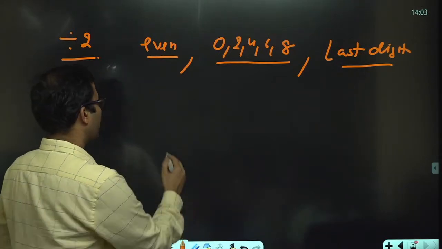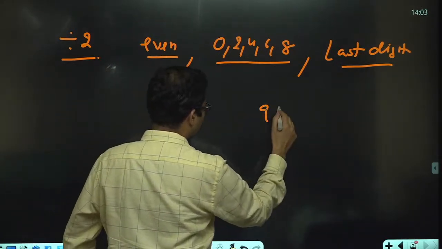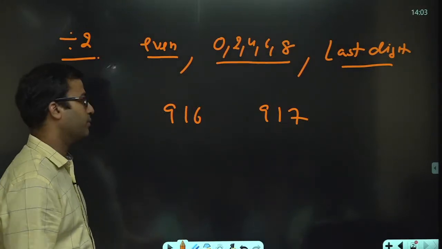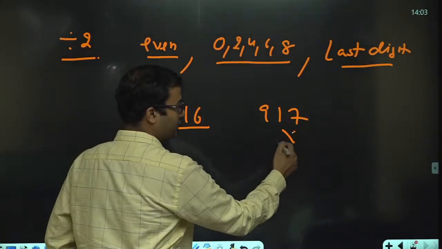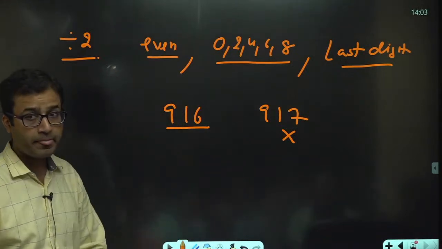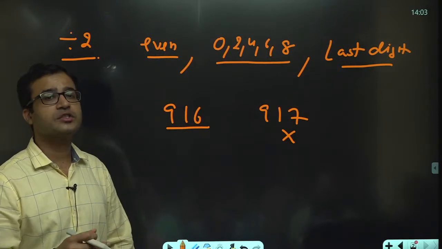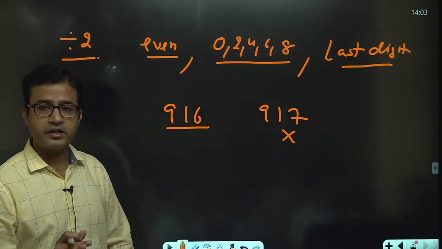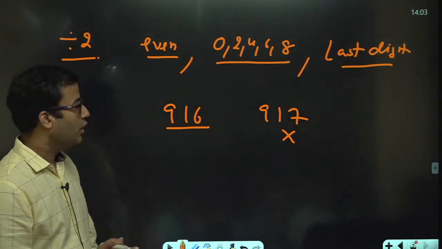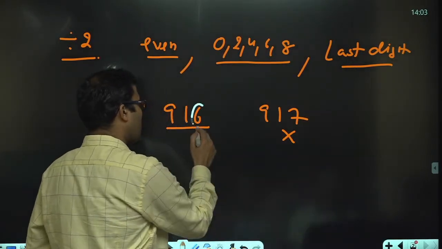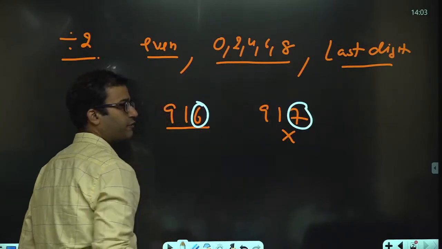Like if I take 916 and 917, this is very basic. Everyone knows this: one is divisible by 2, whereas the other is not. But one more thing, if any number is not divisible by 2, we have to find the remainder. For that, no need to check the complete number, only the last digit is more than enough.